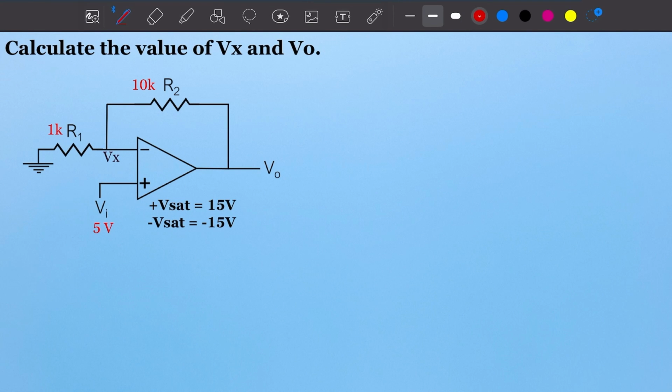So from the simulation we get V0 is equal to 15 volt and Vx is equal to 1.36 volt. I will solve this problem and after that I will explain you the limitations of the virtual short. Okay, so how to solve this question?